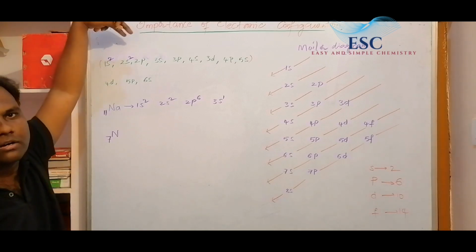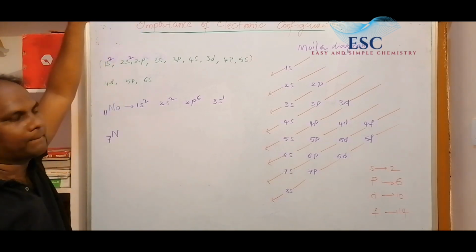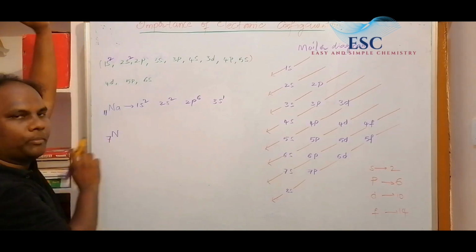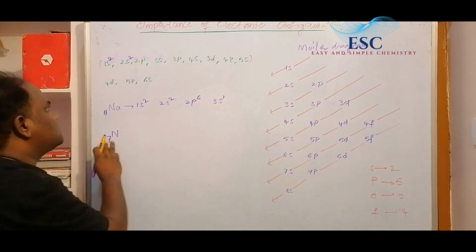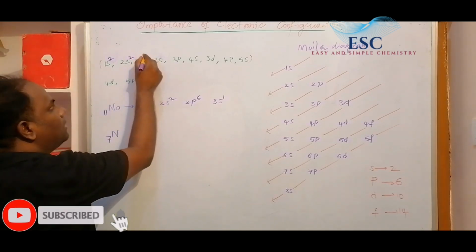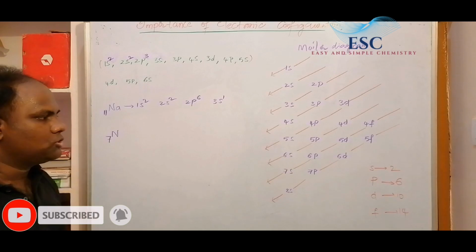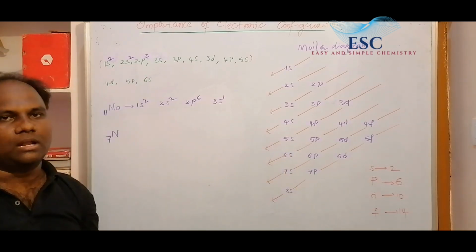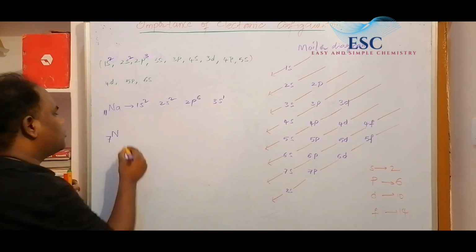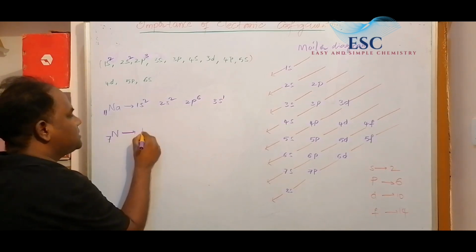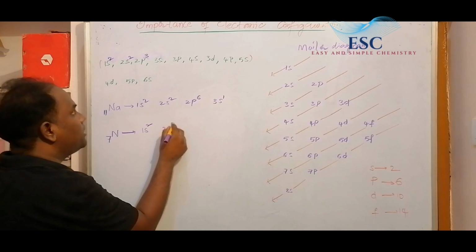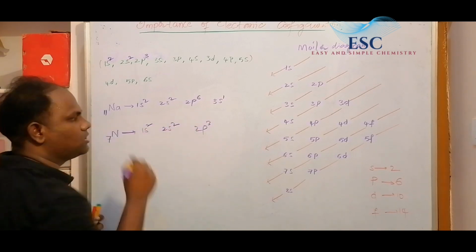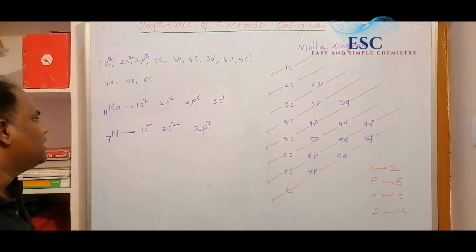How many electrons are completed here? 4. How many remain? 3 electrons. These 3 electrons go in the p orbital, whose maximum is 6. So the electronic configuration of nitrogen is 1s2, 2s2, 2p3.